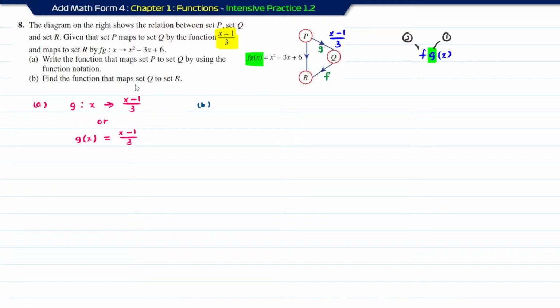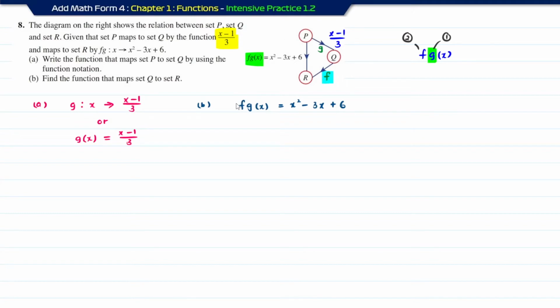Find the function that maps set Q to R. In this case, the question is asking you to find the function f. The composite function fg has been given to you. One of the functions, which is g, has been given, so you need to find f.